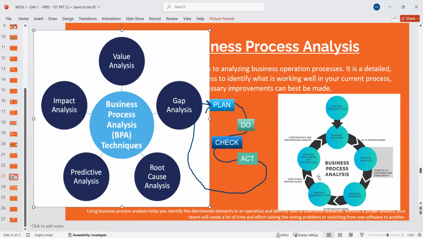Now, as the name suggests, value analysis. That means we are trying to understand the value that we are getting from this particular analysis.